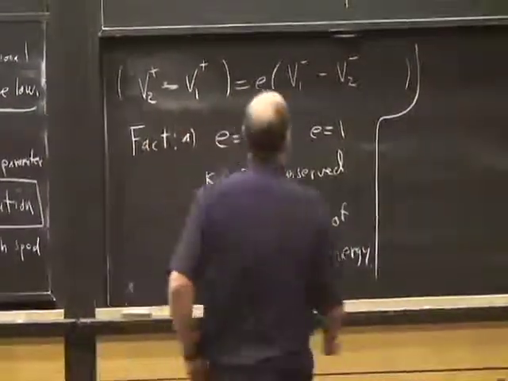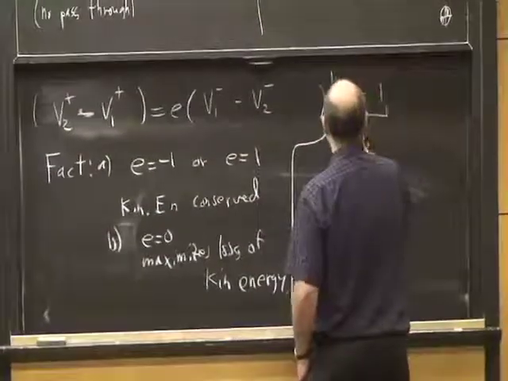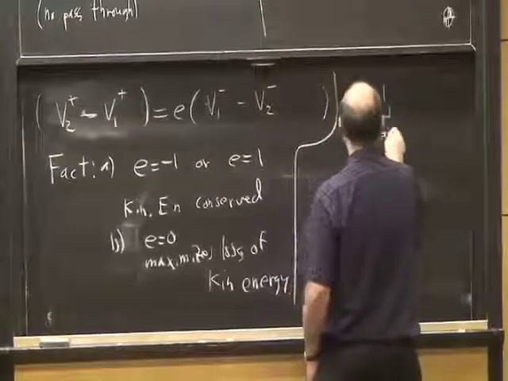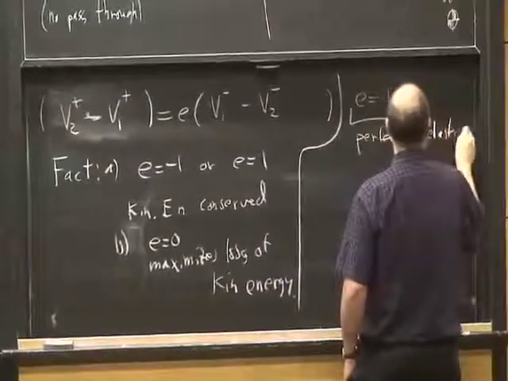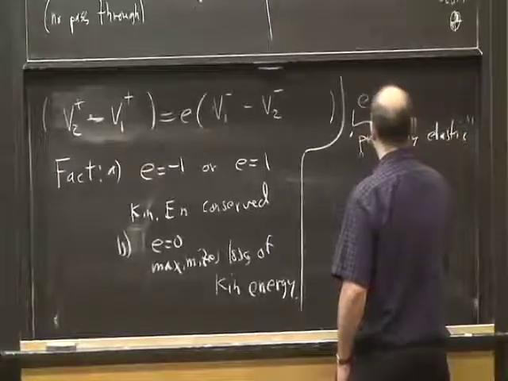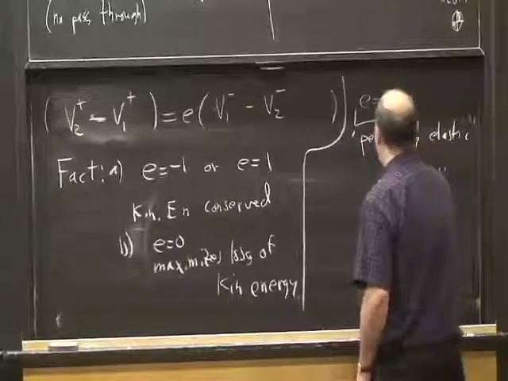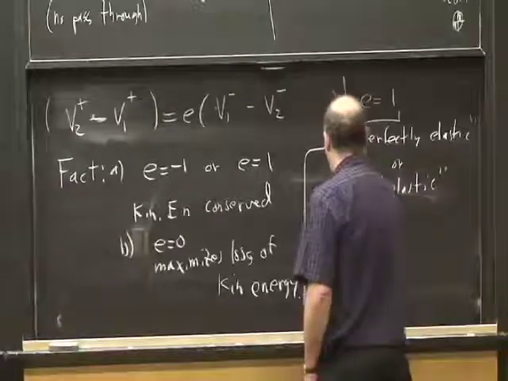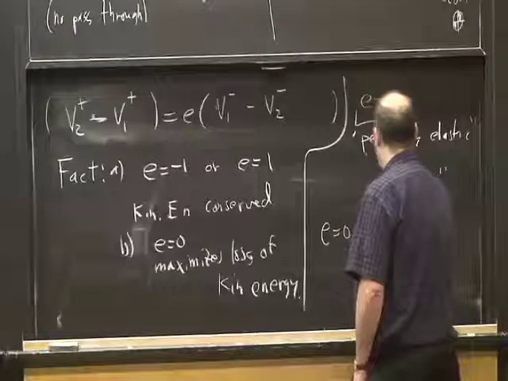So E equals 1 is called perfectly elastic collision. And sometimes people just call that elastic. And then E equals 0 is called plastic collision, or perfectly plastic.